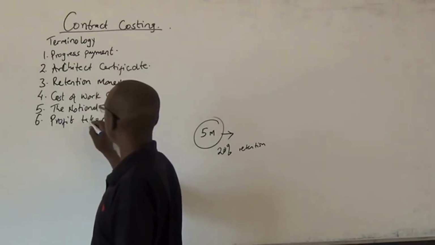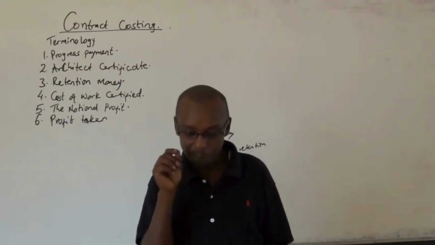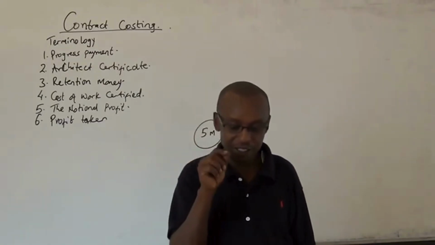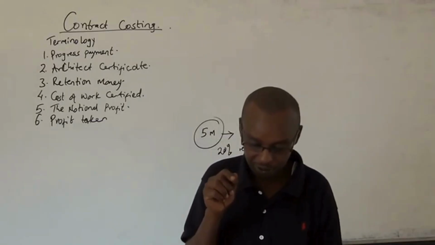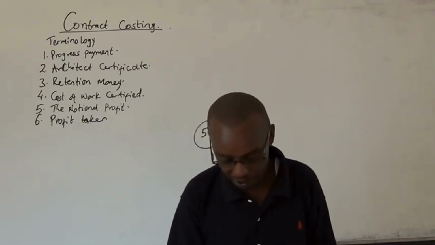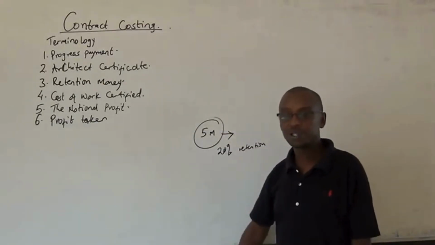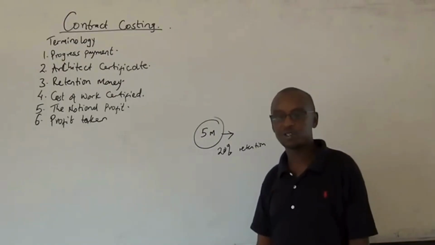Profit taken is that part of the notional profit that is recognized in the current period. The rest is carried forward to be recognized in the years that follow. So the contracts usually run for more than one financial year.